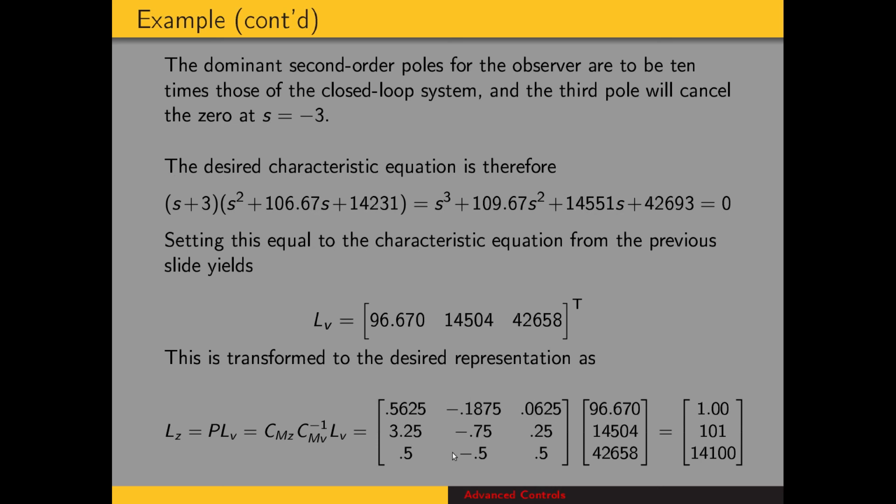It's different from the transformation matrix from x bar to z bar. And we multiply that by the gains that we found up here, and it gives us the observer gains for our cascade form. So now we have the gains for a controller with the desired closed loop transient response, and an observer with 10 times faster response than that closed loop system.